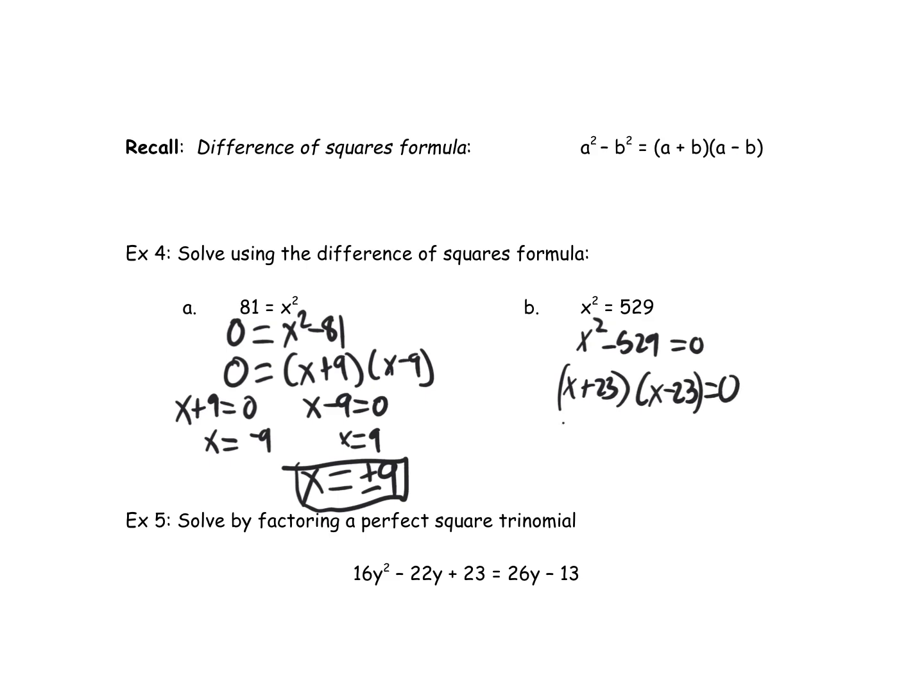Set both of those equal to 0. And get x is negative 23, and x is 23. So we get that x is equal to plus or minus 23. All right.